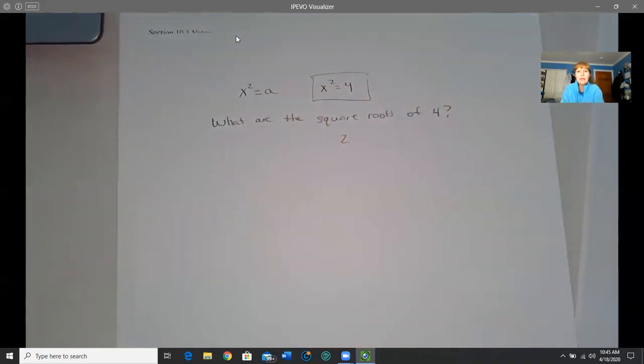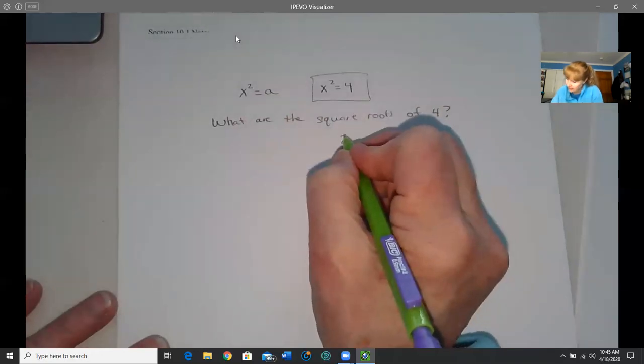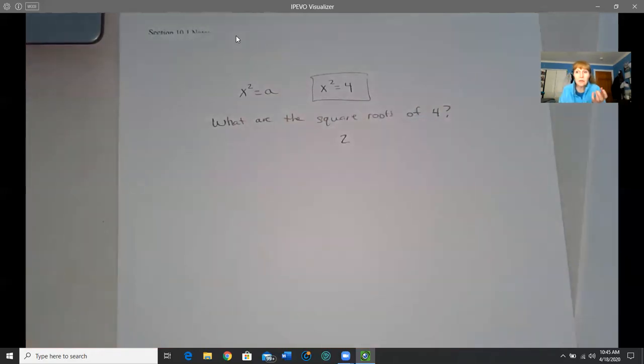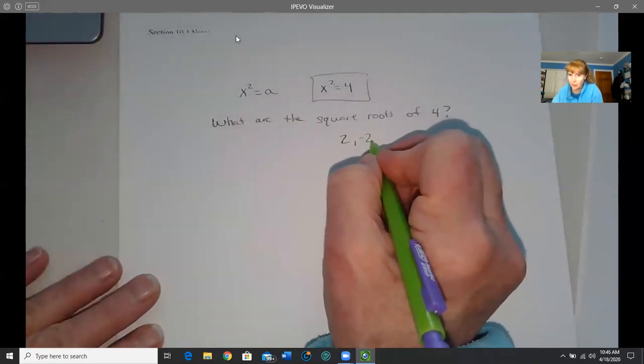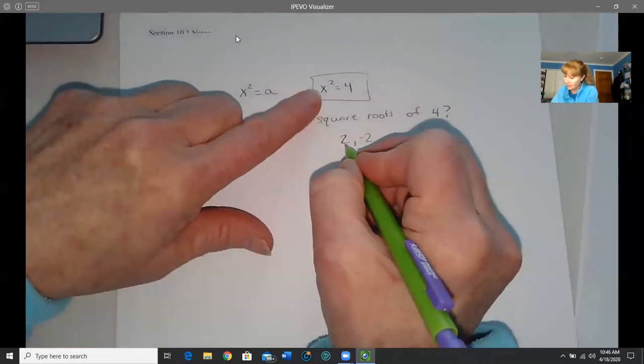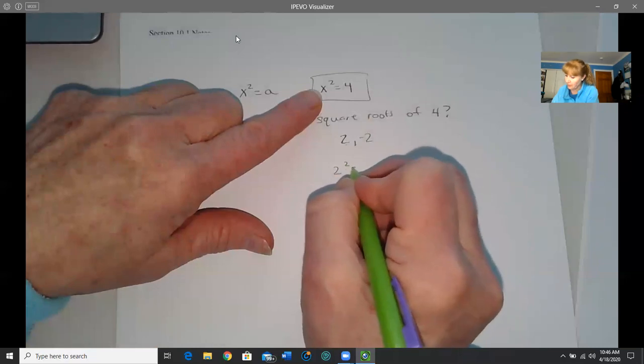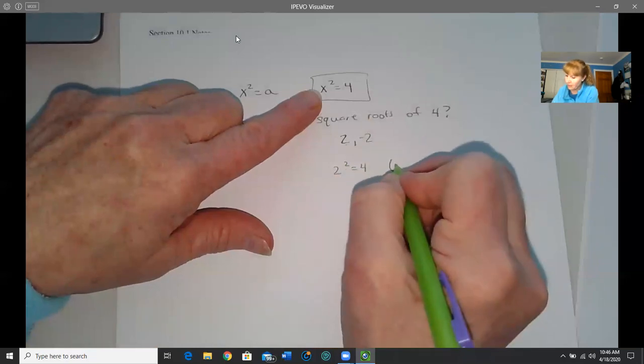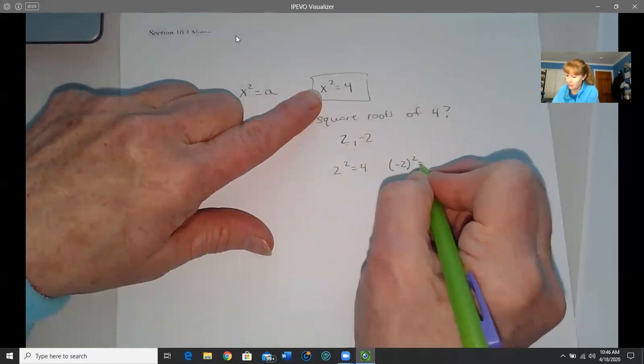However, some of you forget that another solution to this is a -2. You don't want to forget about that because you could put in a -2. So 2 squared equals 4, but also -2 squared equals 4.